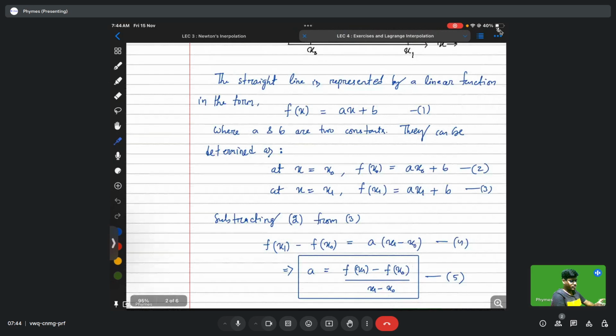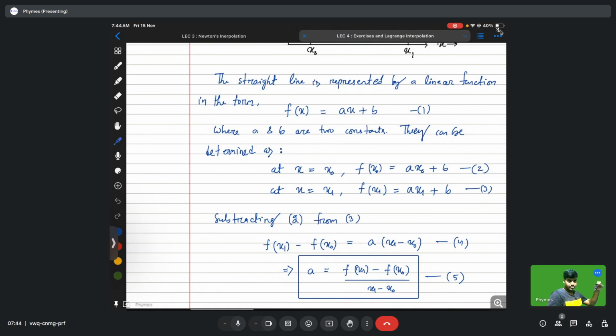Then subtracting equation 2 from equation 3, you get f of x1 minus f of x0 as a times x1 minus x0. From that you get the value of a, right? So we got the value of the first constant a.